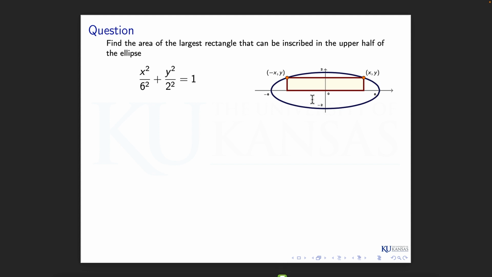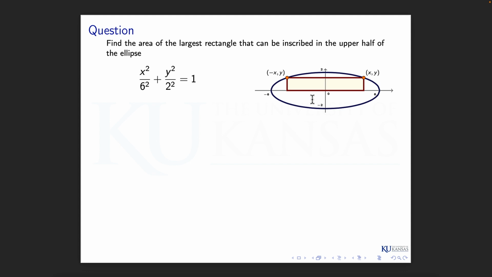Changing x and y will change the area of this rectangle, because it symmetrically changes all the other vertices. Now, my question is, how do we go about this?